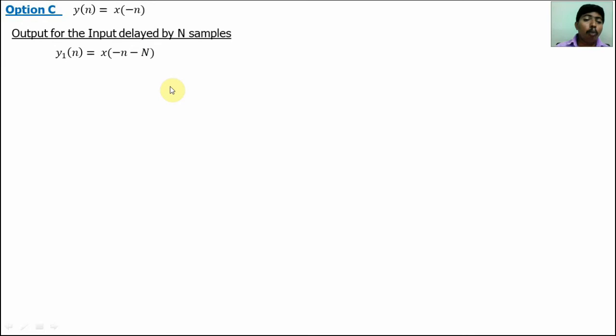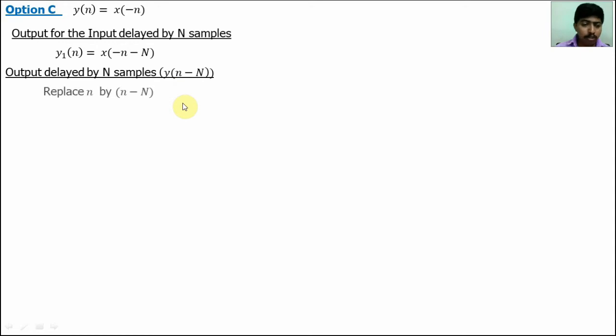Now find the output delayed by n samples, that means y of n minus n. Here y of n is given, so replace n by n minus n. We will get y of n minus n, that means the output delayed by n samples. So replace here, and we will get output y2 of n. y2 of n is equal to x of minus of n minus n. Simplifying this equation we get x of minus n plus n.